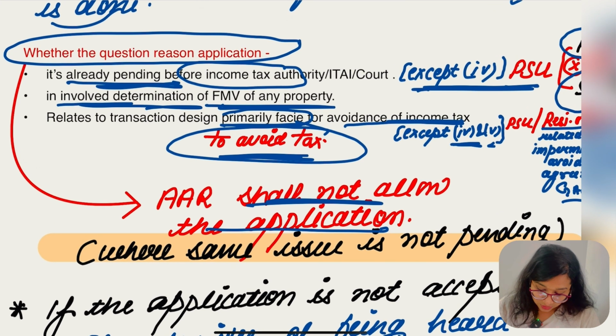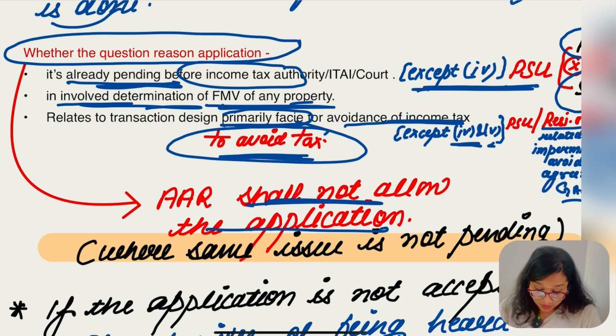So these are the points where the applicant cannot go for the advance ruling. First, if any case is pending before the Income Tax Authority and ITAT, but not for the PSU. Again for PSU, if their case is pending before the High Court or Supreme Court, then they cannot go for this. The second point was to determine the fair market value of their property, which is not going to be entertained by advance ruling.